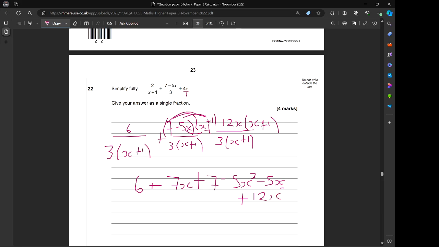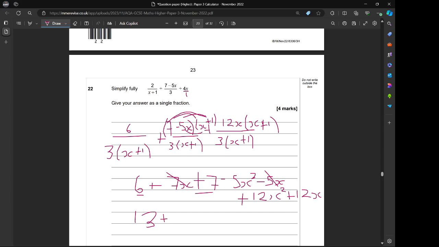I'm now going to collect like terms on my numerator. What am I going to get? 7 plus 6 is 13. 7x minus 5x makes 2x, and 2x plus 12x makes 14x.